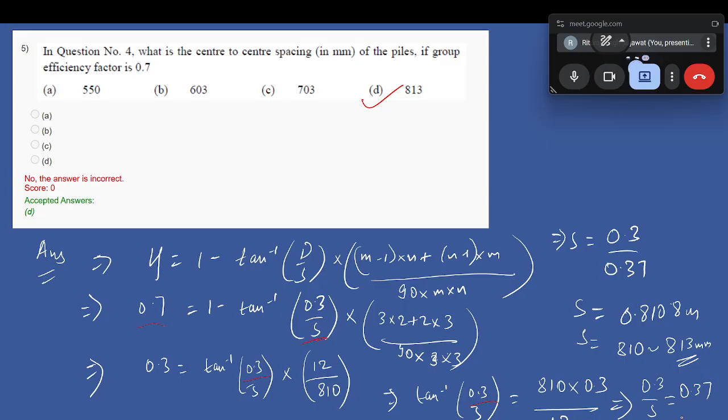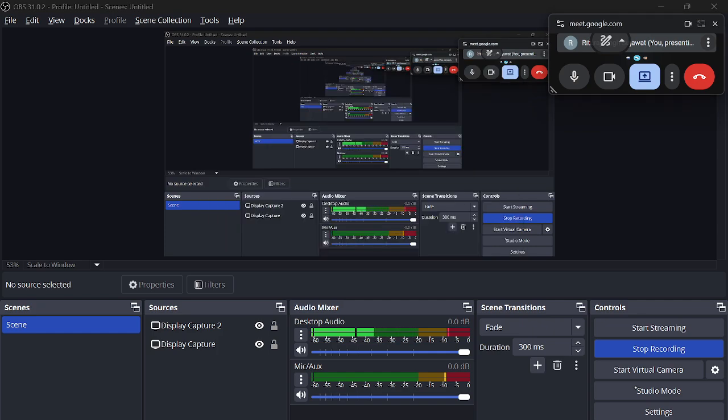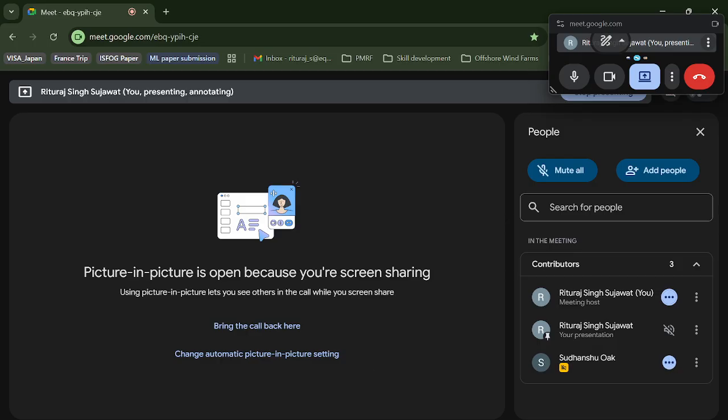I took the tan of 20.25 and I got 0.37. And then you need to calculate the s. So you just need to divide 0.3 by 0.37, and then you will get the s. Understood, sir? Yes, sir.